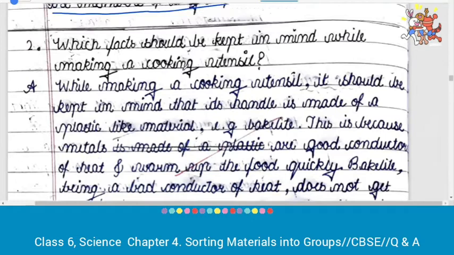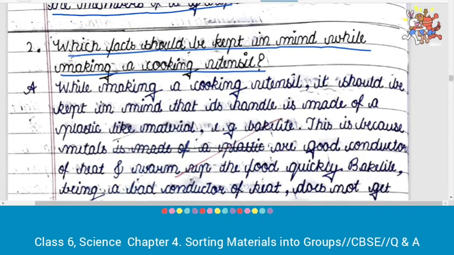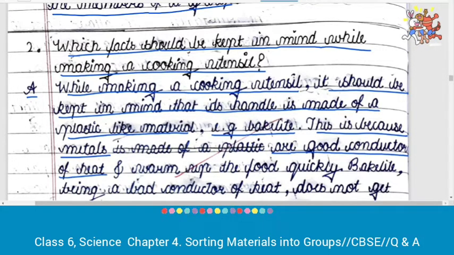Second question: which facts should be kept in mind while making a cooking utensil? Answer. While making a cooking utensil, its handle should be made of a plastic-like material, for example bakelite. This is because metals are good conductors of heat and warm up the food quickly.